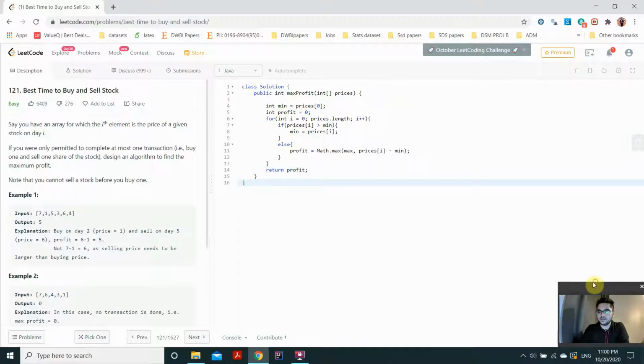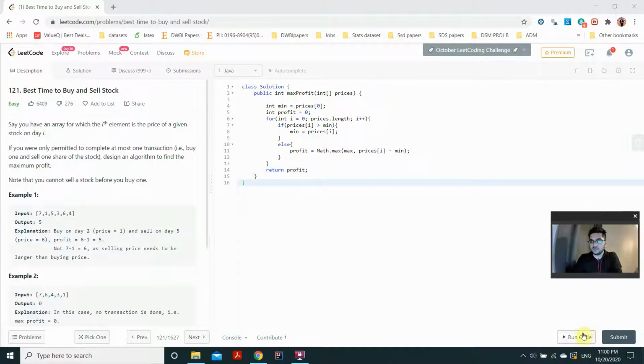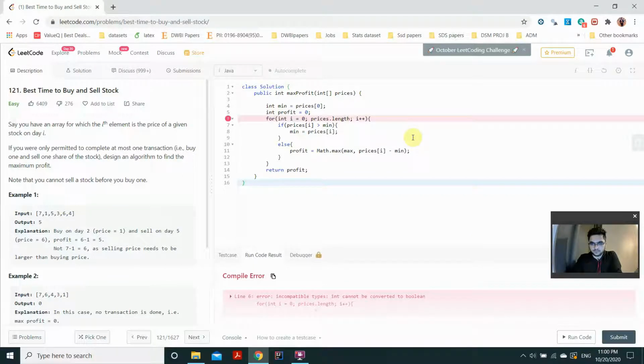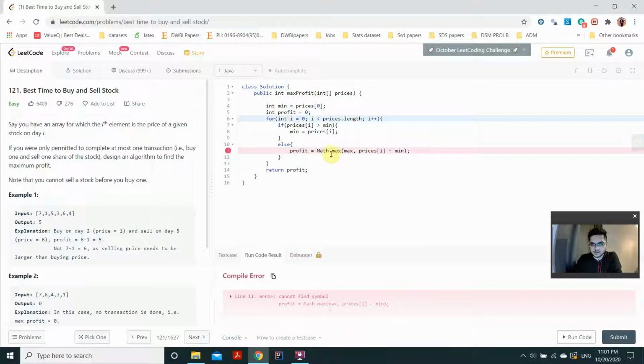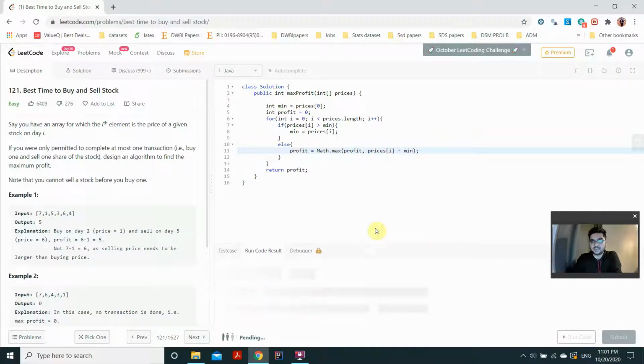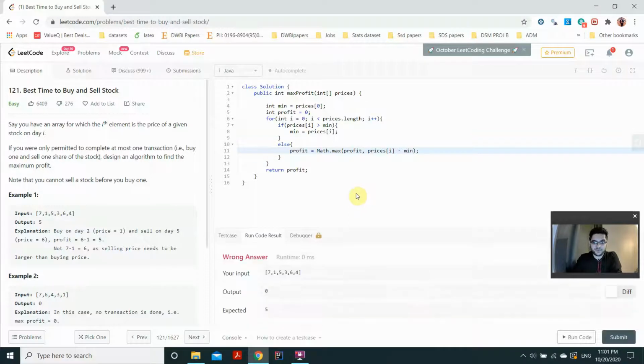Let's try and run this program. Oh, sorry, it should be less than prices dot length. Apologies. Oh, sorry, it's profit here, right? This happens when you are not concentrating.